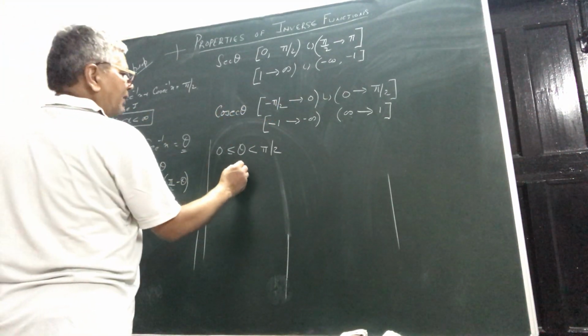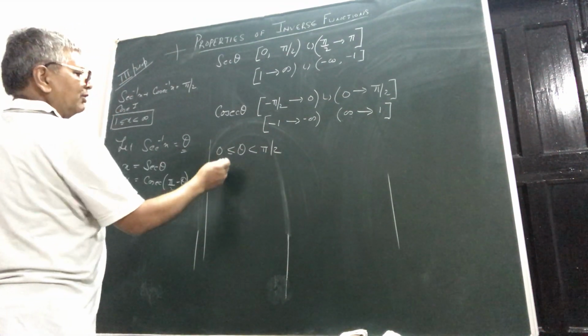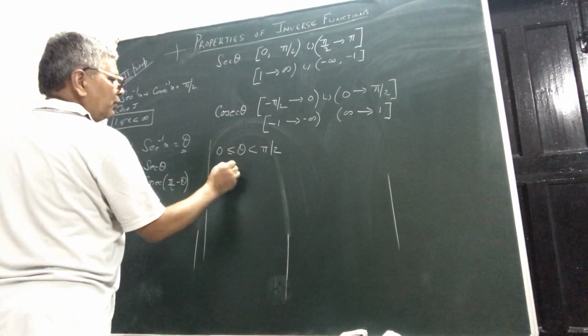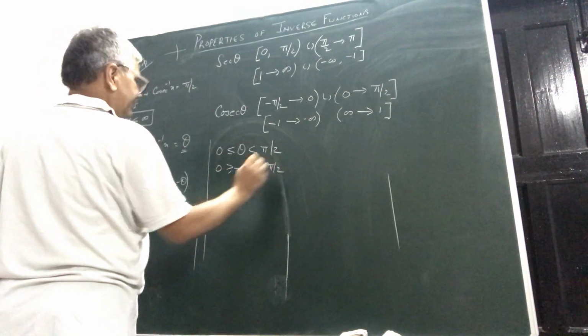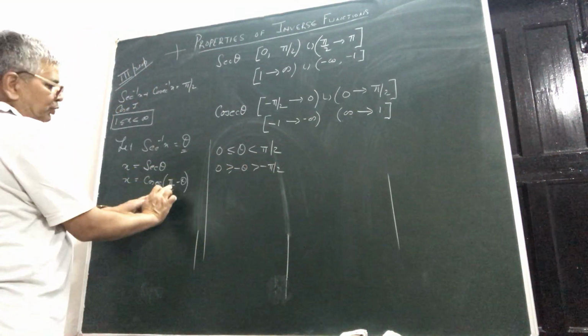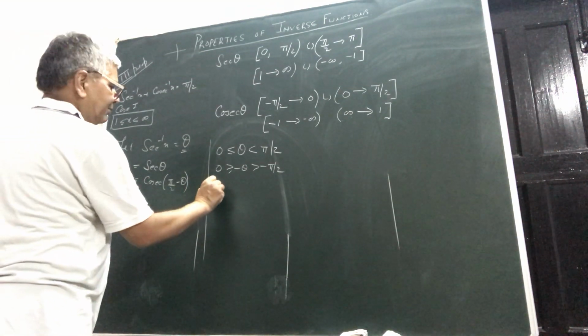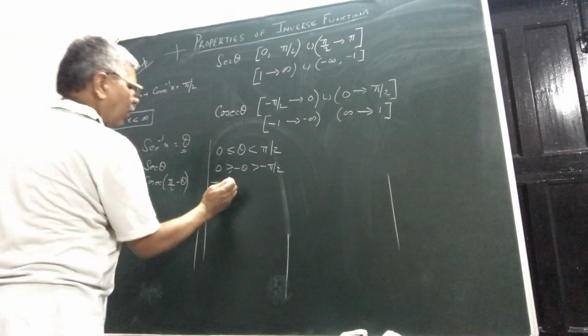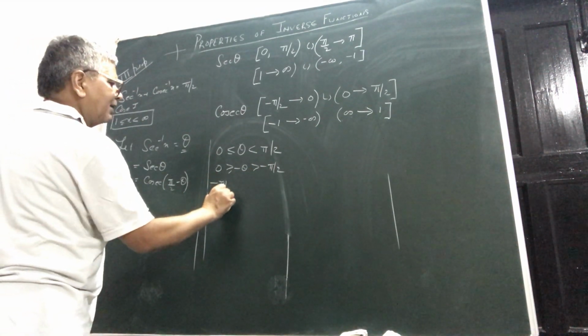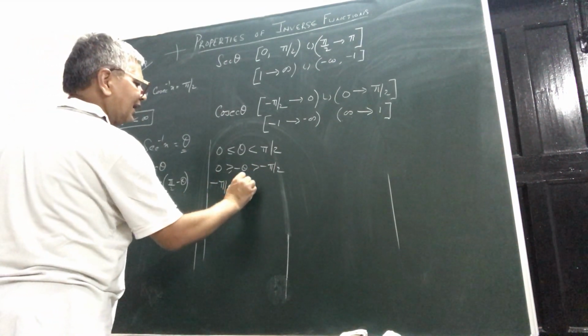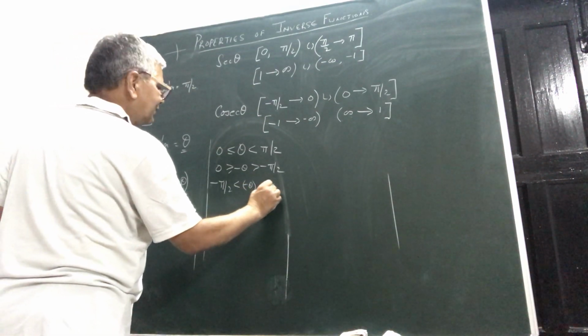So as usual, with minus theta the inequalities will change. So 0 multiplied with this thing, minus theta is greater than minus pi by 2. Okay, add pi by 2 because you want pi by 2 minus theta. First you rewrite this as minus pi by 2 is less than minus theta, and this is less than 0.